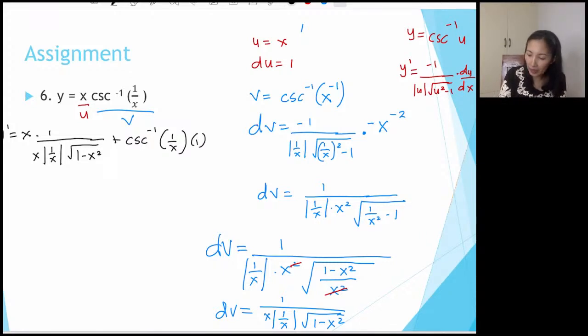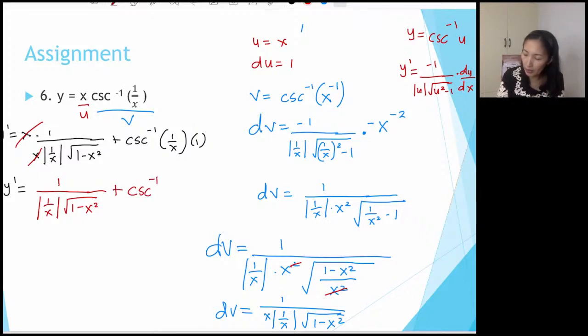Okay, simplifying it further, y prime equal to, what happens with x? X with x will cancel out. So what is left? 1 over absolute value of 1 over x, square root of 1 minus x squared, plus arc cosecant of 1 over x. Okay, so that's it.